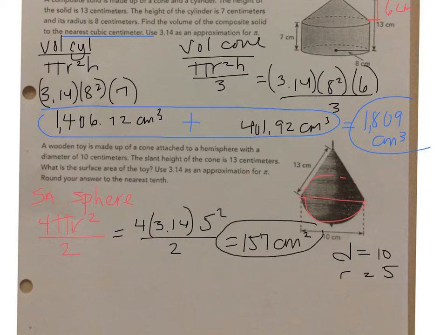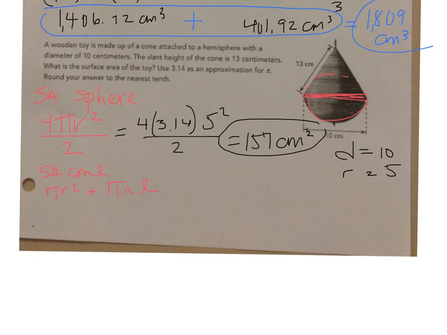Okay, so now we're going to go to the cone. Now, since we're doing the area of the surface, we're not covering that circle, we're just doing the outside, so you only need the lateral surface area of a cone. So remember, surface area of a cone is pi r squared plus pi r slant height. Since we're not covering the circle part, you're not going to use the circle part of the formula.